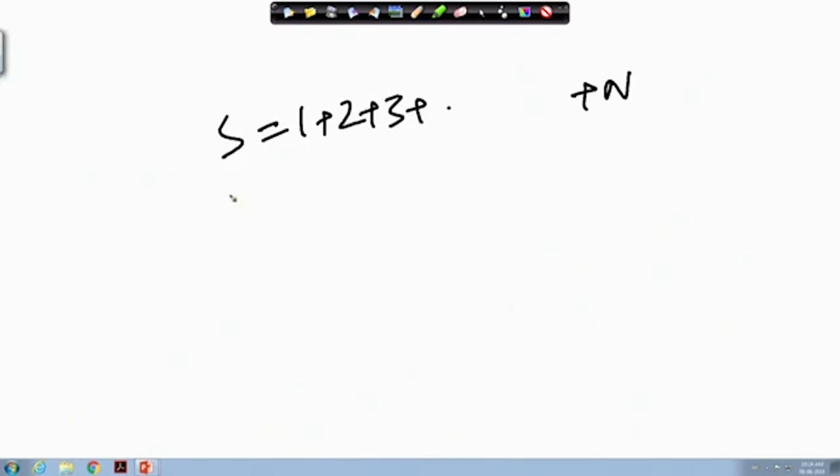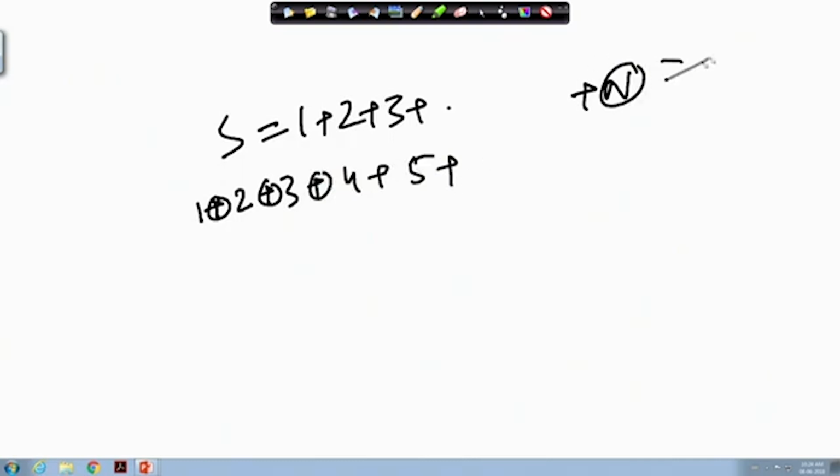So, 1 is added with 2, then that is added with 3, then that is added with 4, then that is added with 5. If I consider, let us say, n equals 8, then 5, 6, then 7, then 8. Okay.